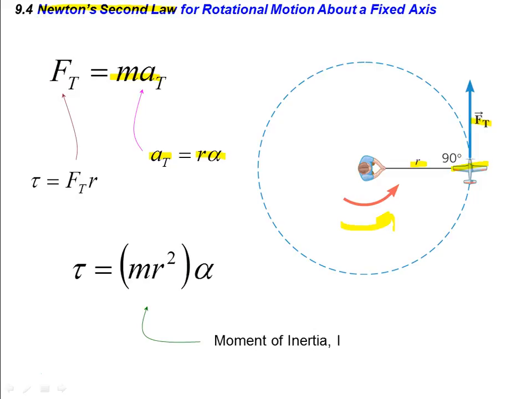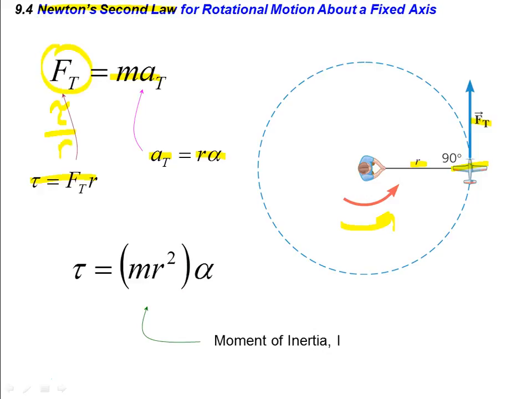We can convert this force in the tangential direction into a torque by saying that is Ft times r. So really this Ft is torque divided by the radius, tau divided by r.